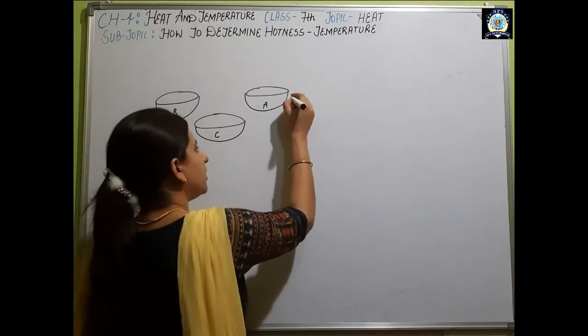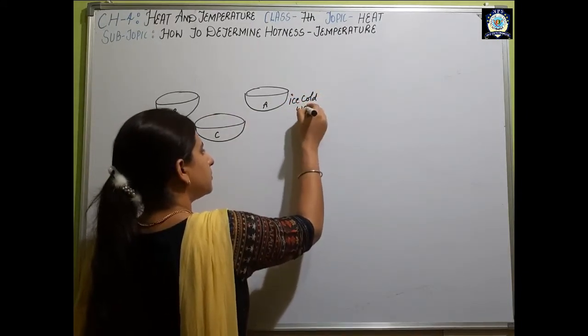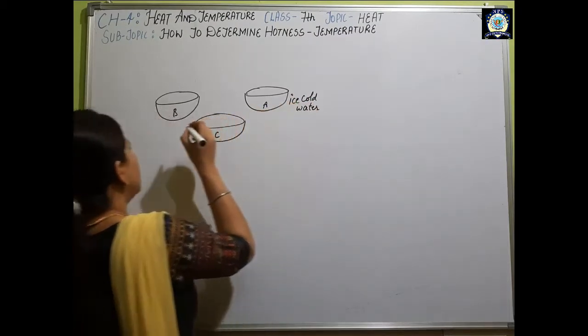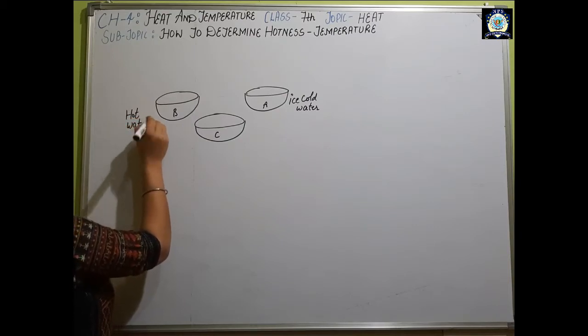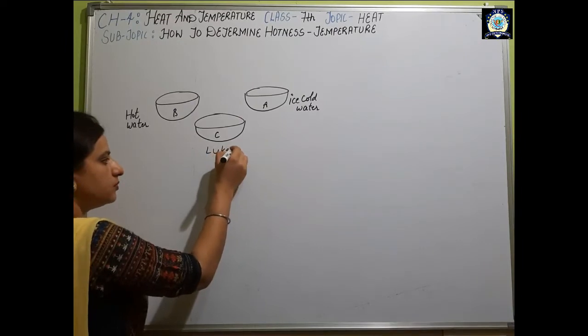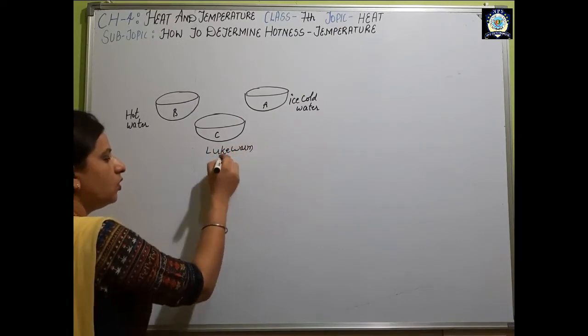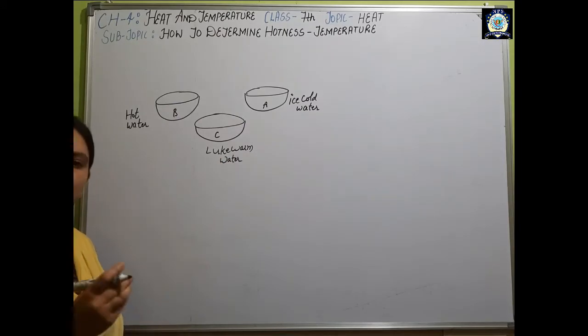Bowl A is having ice cold water. Bowl B is having hot water, and bowl C is having lukewarm water. Lukewarm water means gunguna pani.